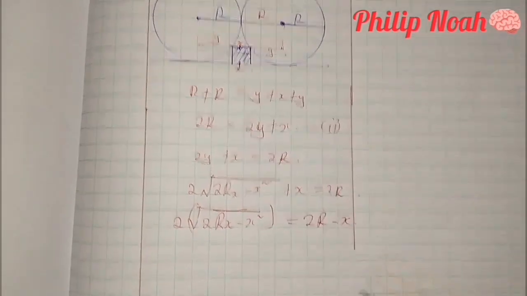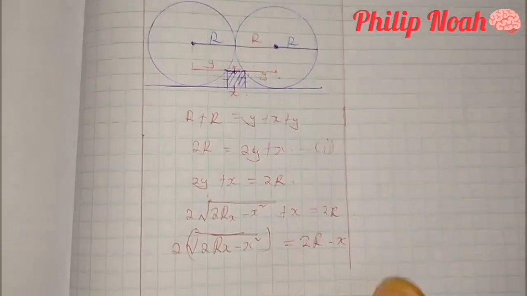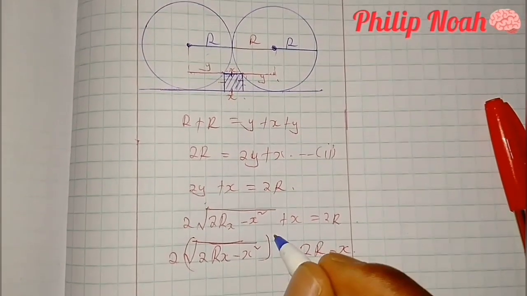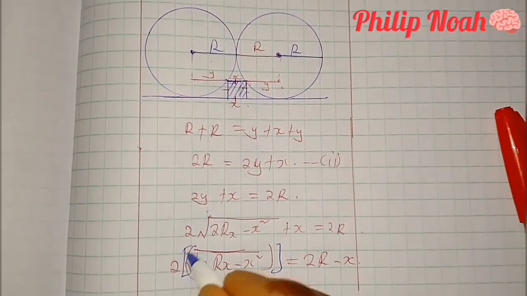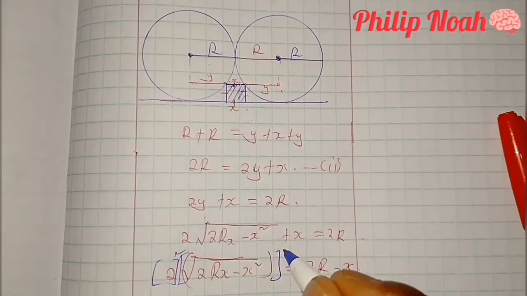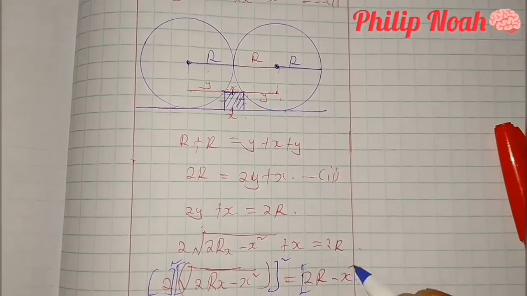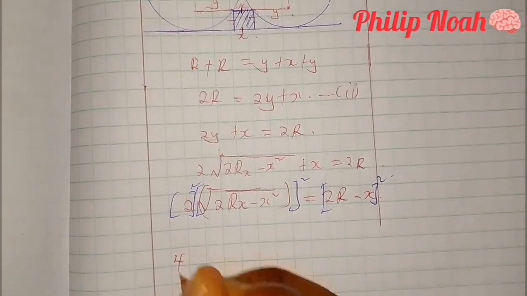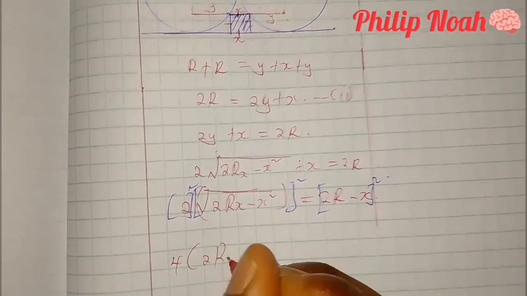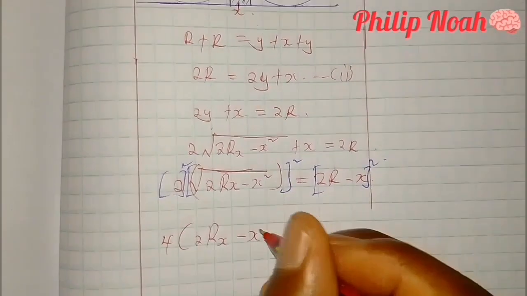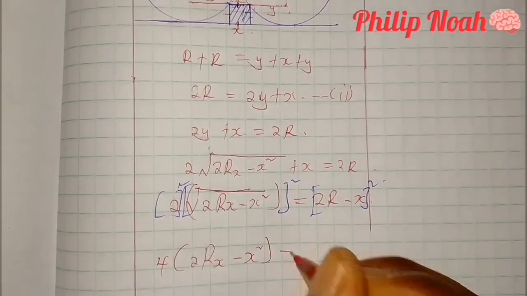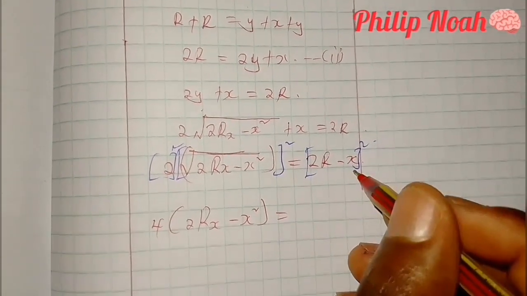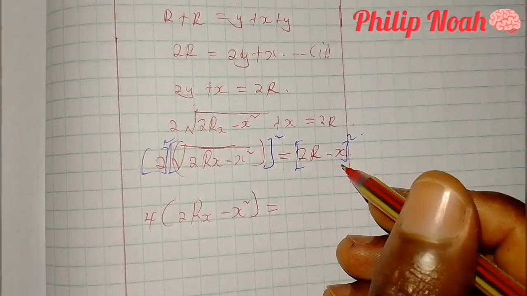After that, we do what? We square on both sides. We square everything, and we have 4 into 2rx minus x squared is equal to (2r minus x) the whole of that squared.